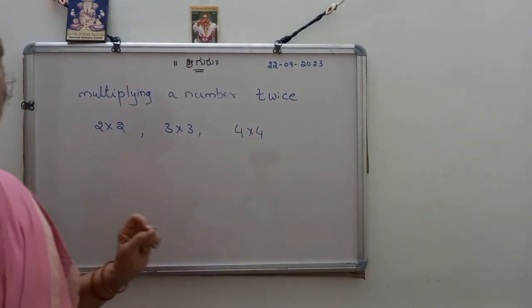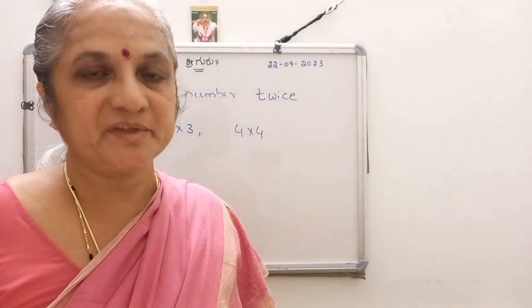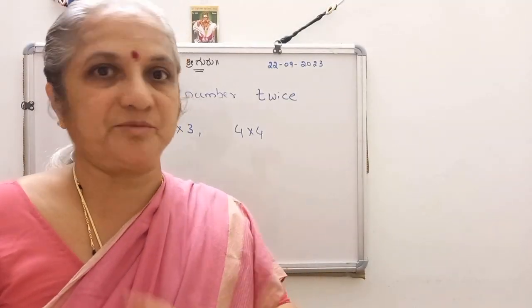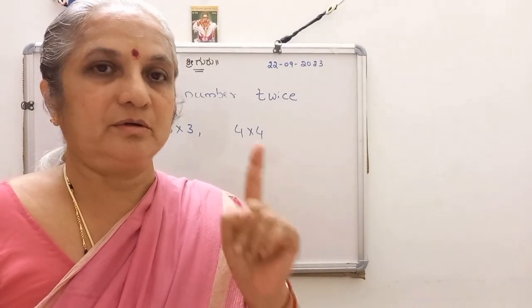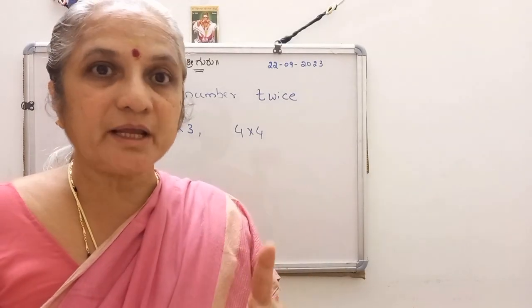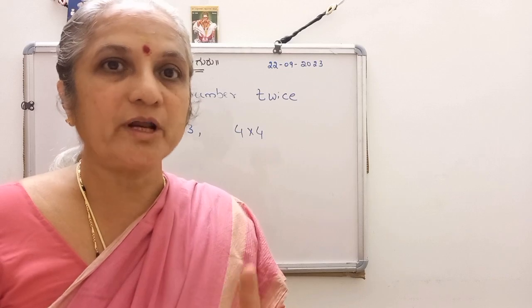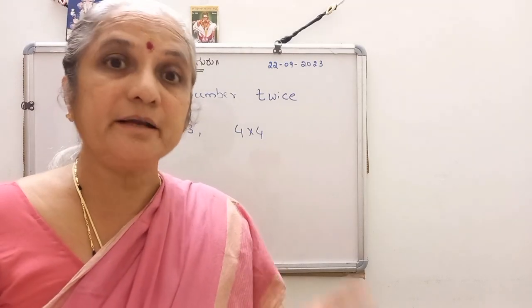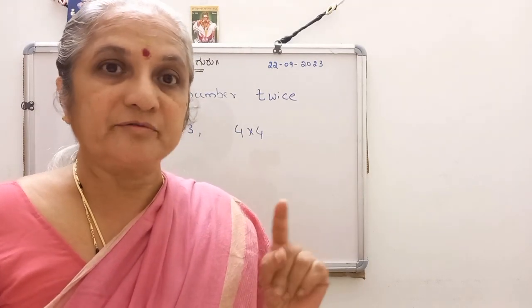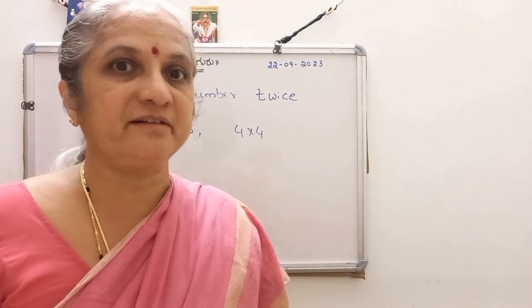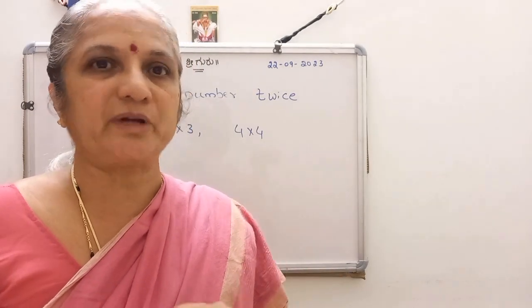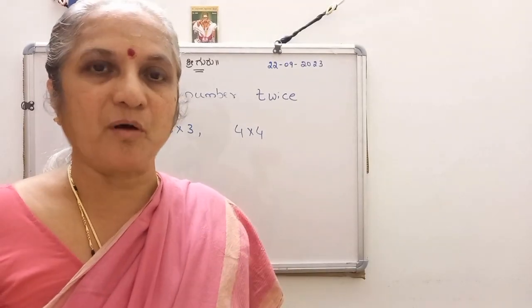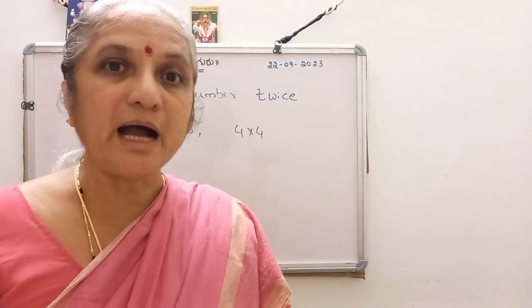We are multiplying the same number twice, means 2 times, not by 2. 2 into 2, 3 into 3, 4 into 4, 100 into 100, 525 into 525. You are multiplying the same number 2 times. It is different from multiplying the number by 2.